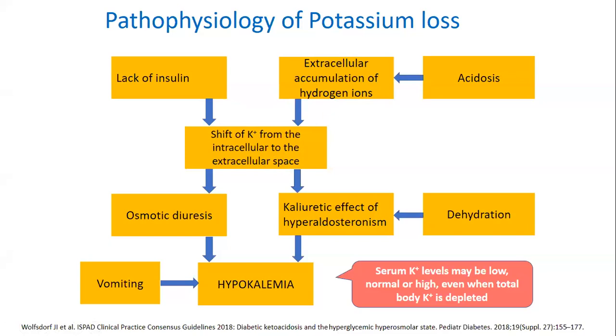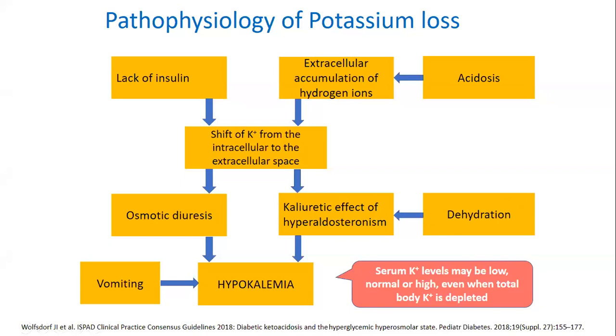And vomiting. Remember, these patients, when they have ketoacidosis, they present with vomiting. So as they vomit, they will have hypokalemia. And then these patients, because of osmotic diuresis, get dehydration.